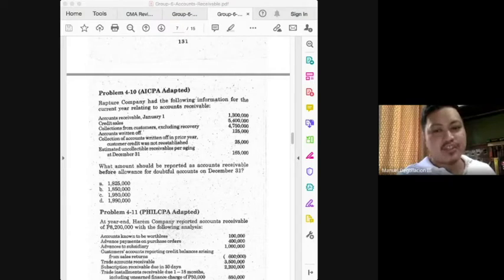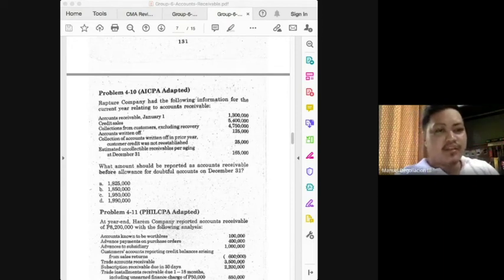Okay, and if entries, class, you can actually simplify them. You can just prepare a single entry because the debit to AR in the first entry and the credit to AR in the second entry will just offset one another. So you would simply debit cash and credit allowance for doubtful accounts. And that is what was done in this problem when the problem states that customer credit was not reestablished.